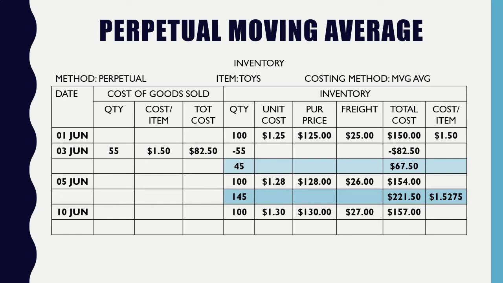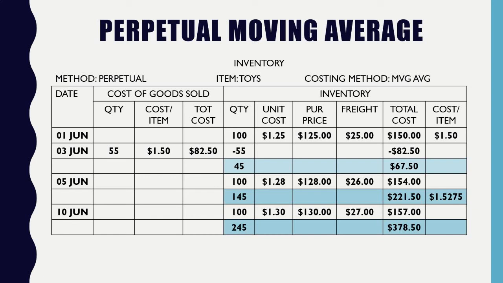So I'm going to add this batch in, and now I get a grand total of 245 items at a total cost of $378.50. So I've increased my quantity, as well as my total cost.